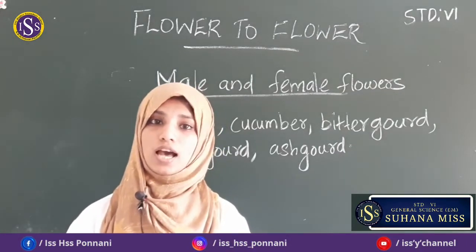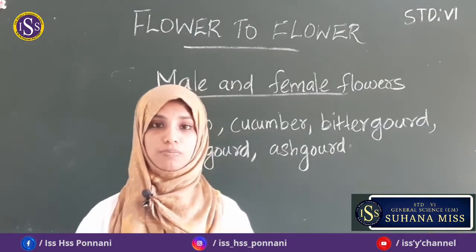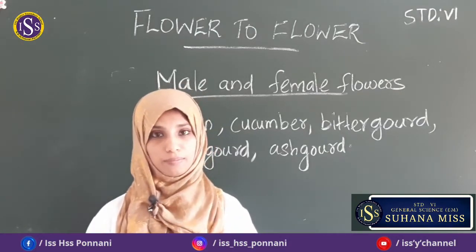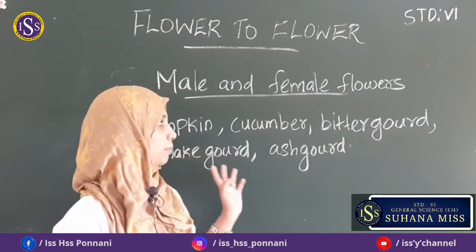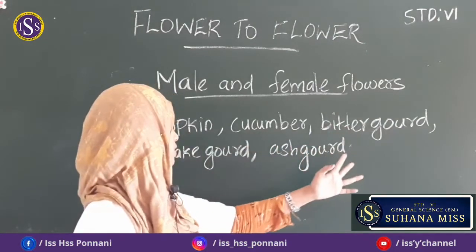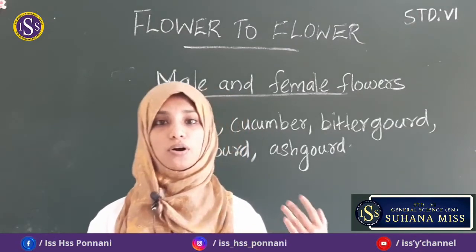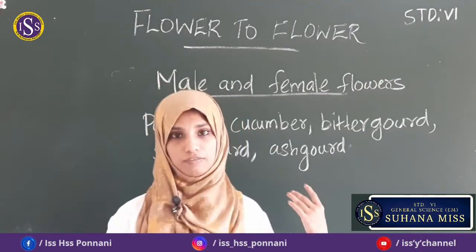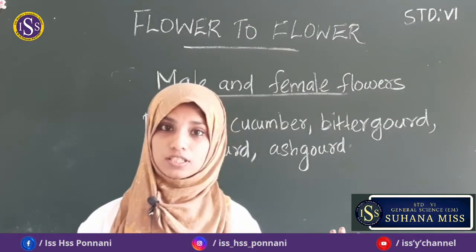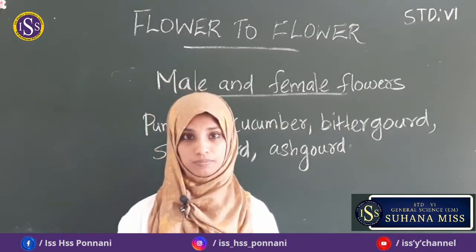And the flowers having only gynoecium, the female reproductive part, are known as female flowers. Pumpkin, cucumber, bitter gourd, snake gourd, ash gourd, etc. have both male and female flowers.